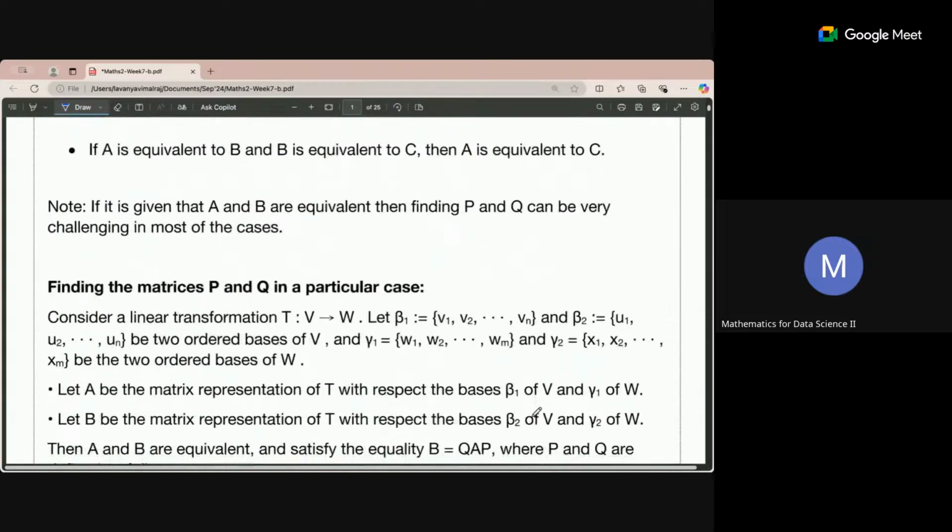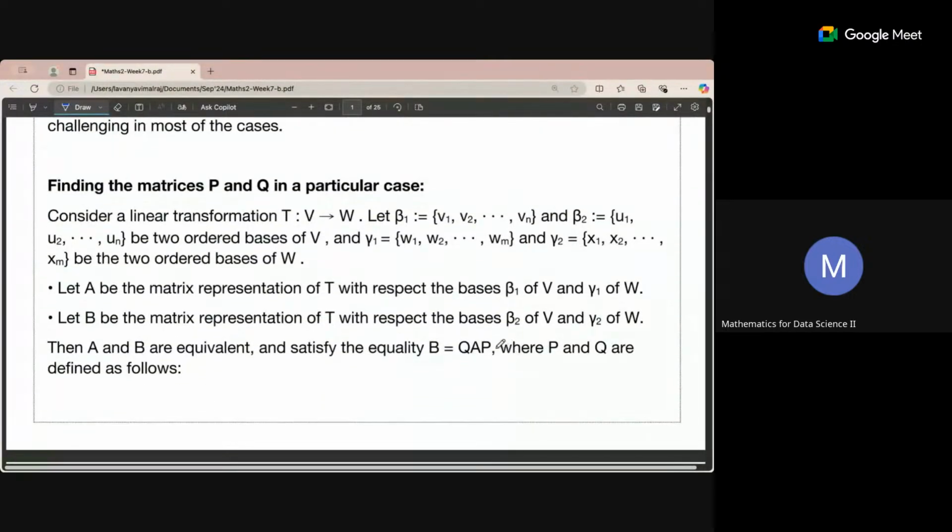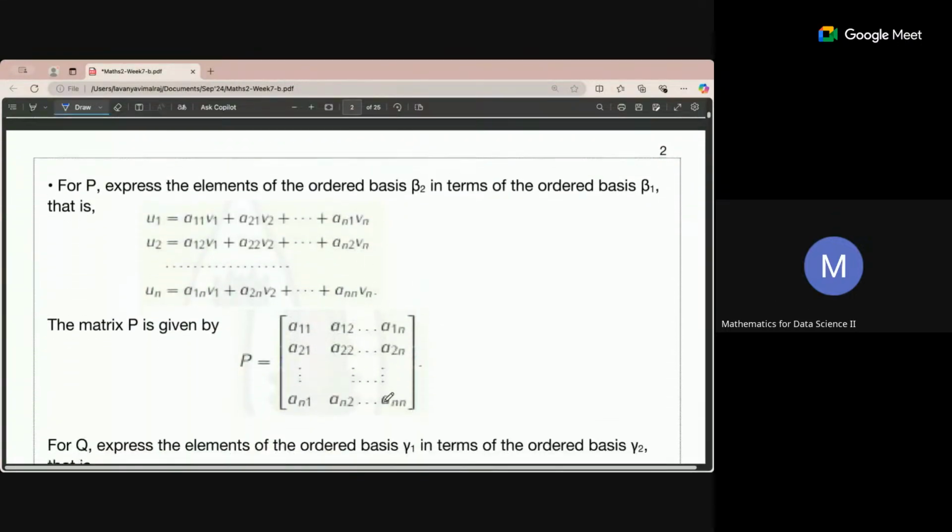Right? And we saw that in the specific case, when A and B are matrices representing the same linear transformation, then we have a specific way to find P and Q. So for a transformation T from V to W, if beta 1, beta 2 are two ordered bases of V and gamma 1 and gamma 2 are two ordered bases for W, and A is the matrix representation of T with respect to beta 1 and gamma 1, and B is with respect to beta 2 and gamma 2, then these two are first of all equivalent, and we can find A, B, P, Q, everything in the procedure mentioned here.